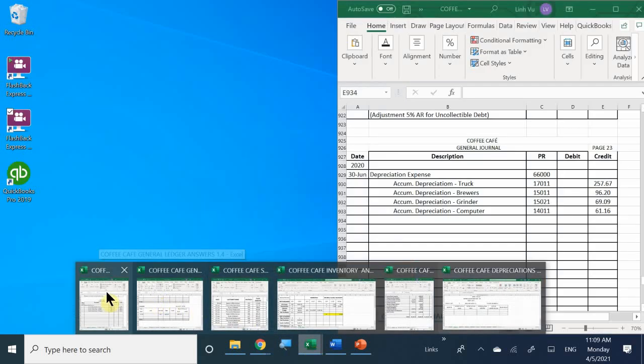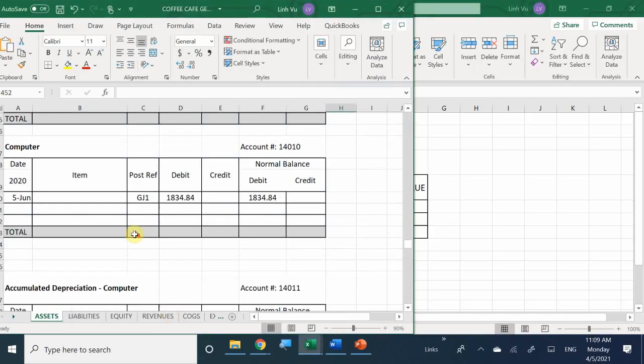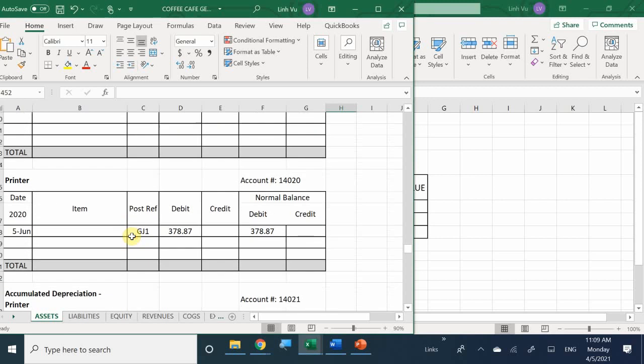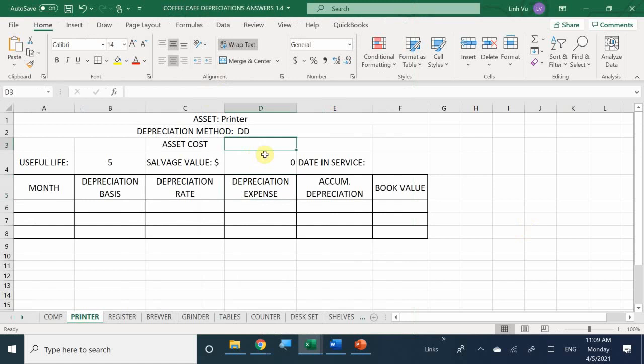We bought the printer the same day as the computer, right? We went to the store and just purchased all of it. So here the printer is going to be on June 5th. But how much did my printer cost me? 37887.